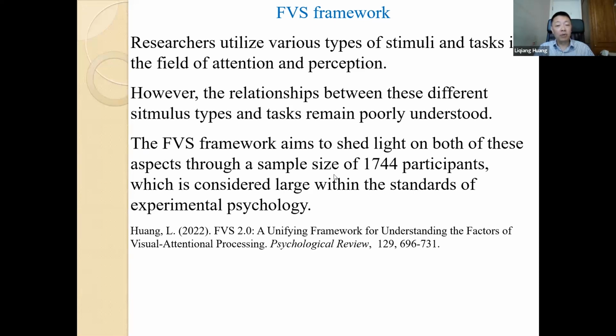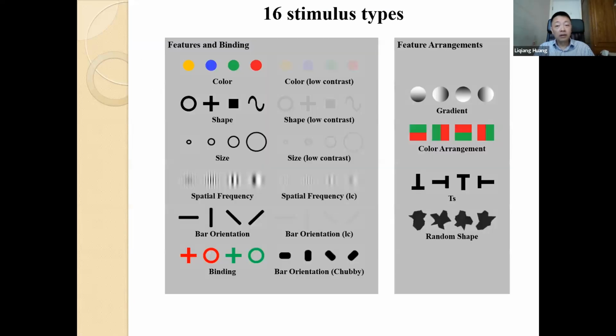The FVS framework aims to shed light on both of these aspects through a sample of 1,700 participants, which is considered large within the standards of experimental psychology, because normally we only have sometimes 20, sometimes 50, and 100 is already considered to be fairly large. 1,700 is very large by that standard. And this is the paper with this FVS framework.